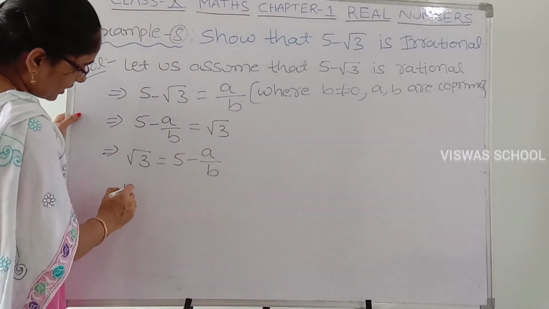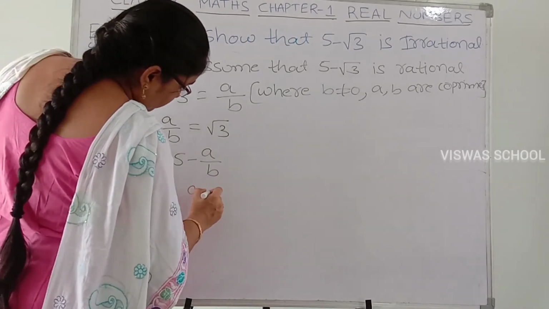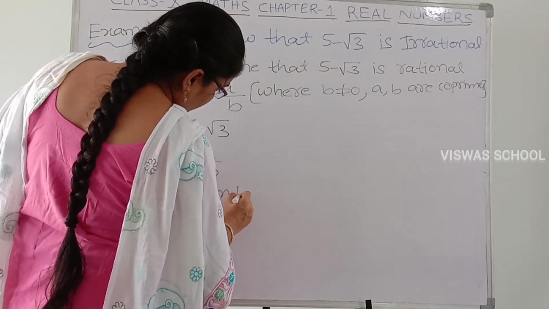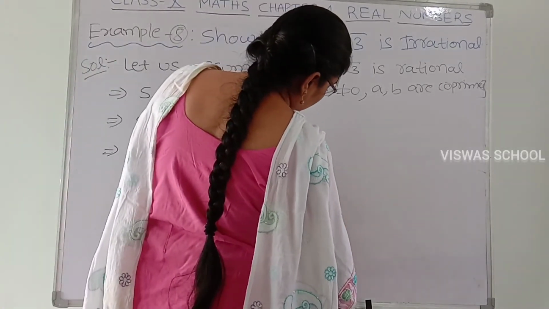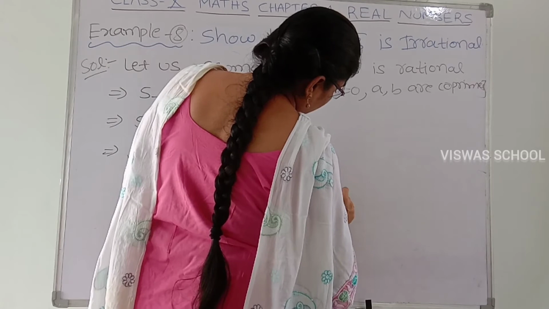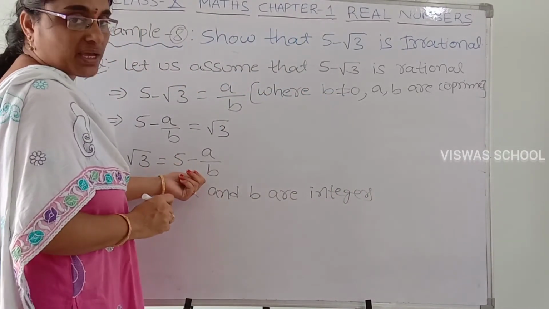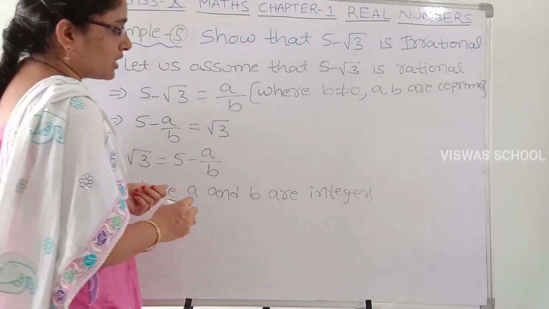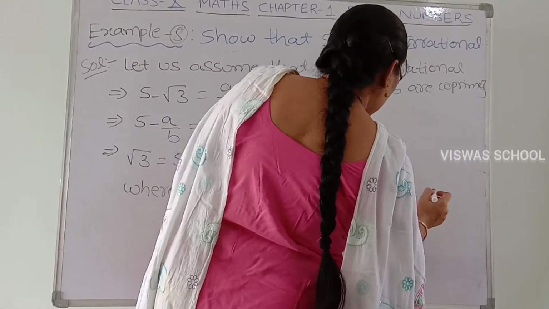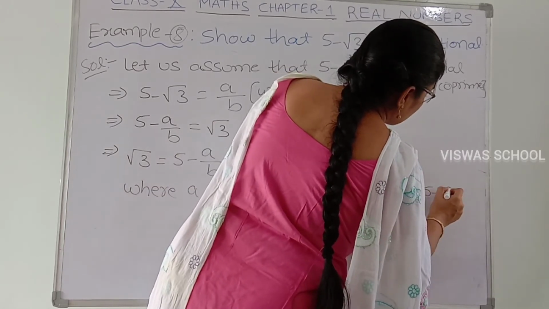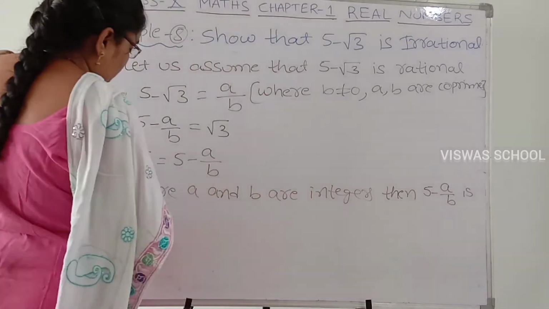Here A and B are integers. If A and B are integers, then 5 minus A by B is a rational number.